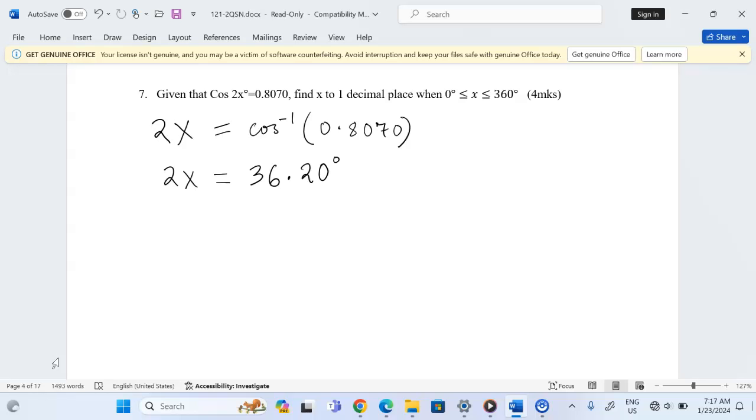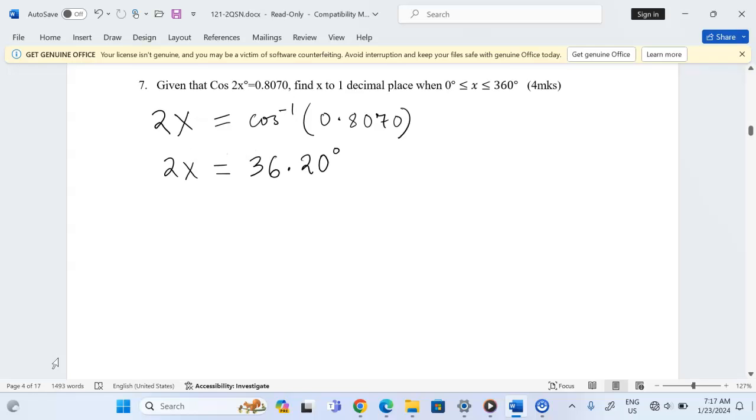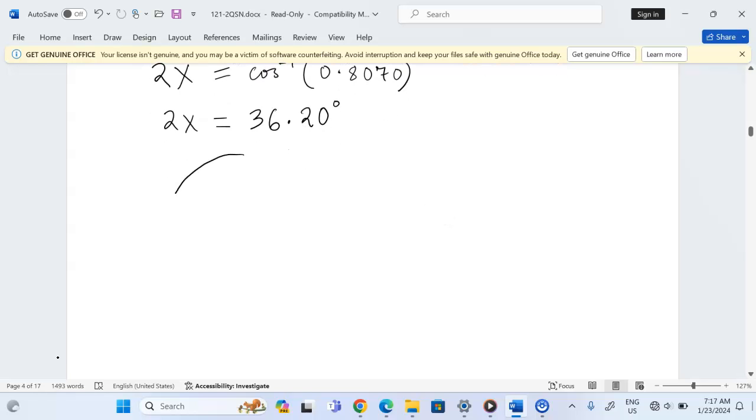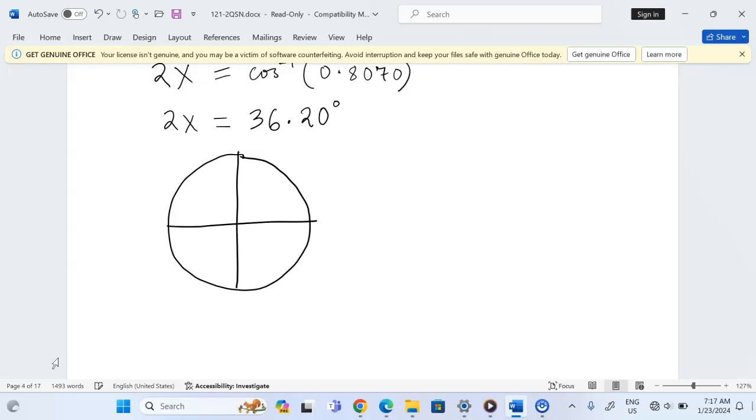This means we can get the other values whereby the cosine is still 0.8070. And when we go to the unit circle, whereby the circle is divided into 4 quadrants, we have the first quadrant whereby all the trigonometric ratios are positive.